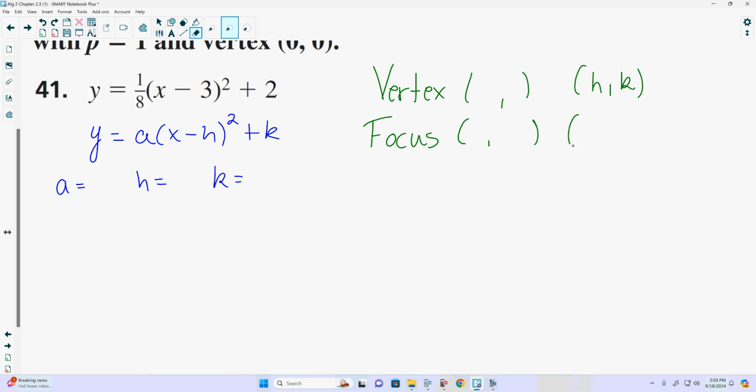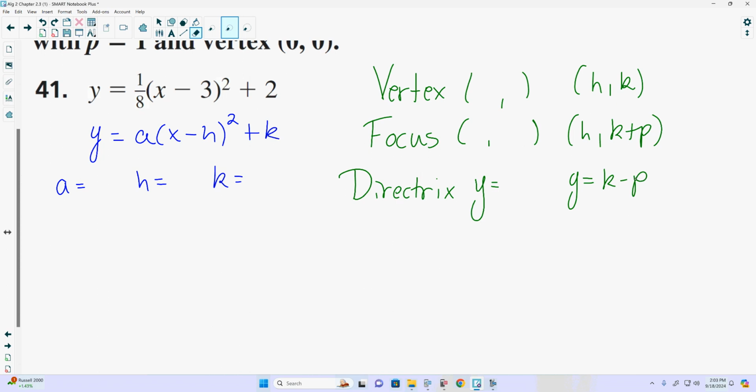Our directrix, y equals, general form is y is equal to k minus p. And lastly is the axis of symmetry, x is equal to.